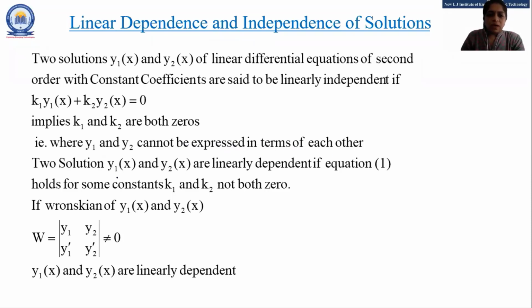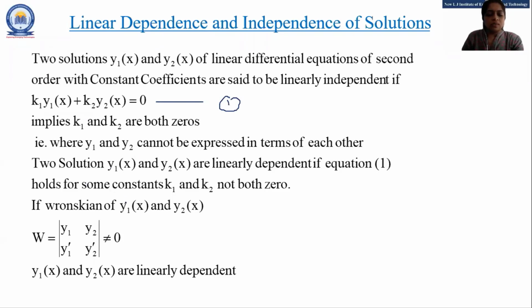Two solutions y1(x) and y2(x) are linearly dependent if equation 1 holds for some constants k1 and k2 not both 0. This k1 y1(x) plus k2 y2(x) is our equation 1.